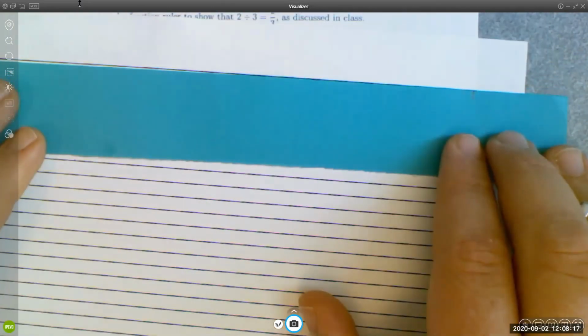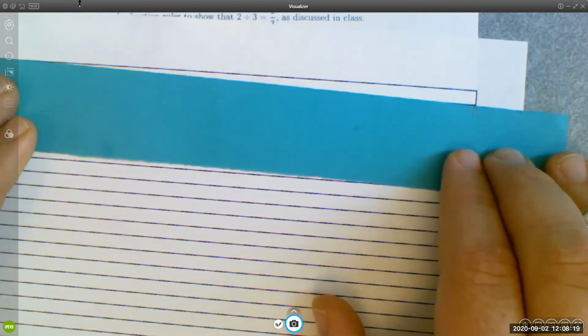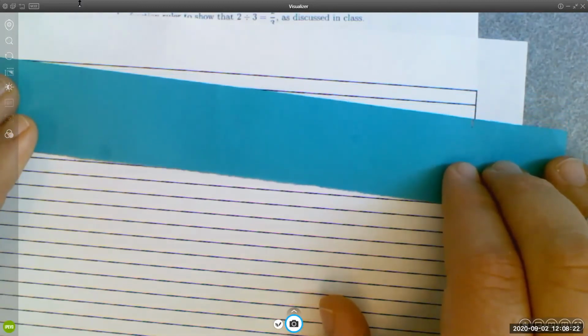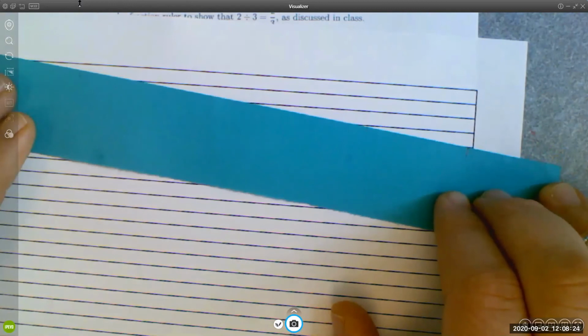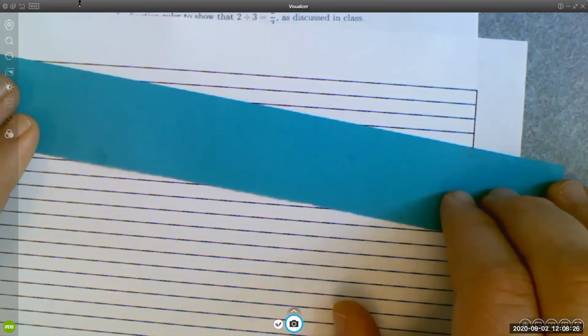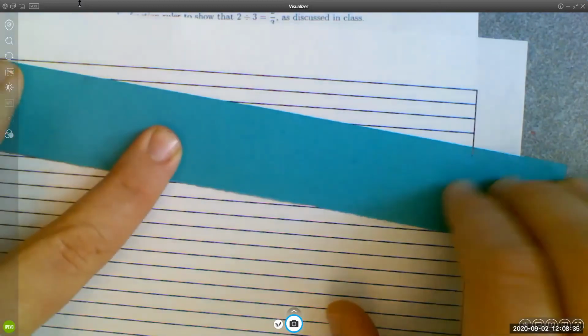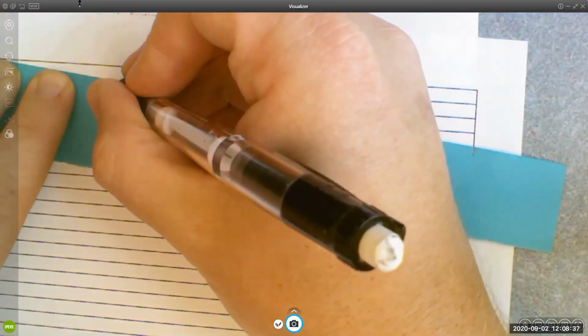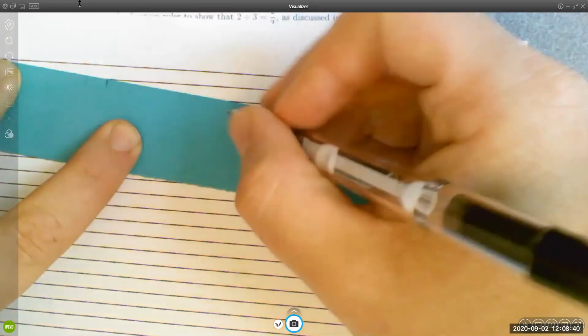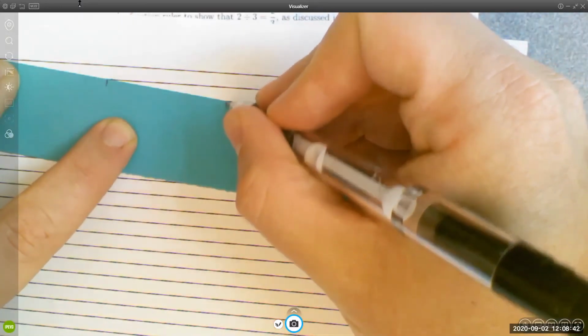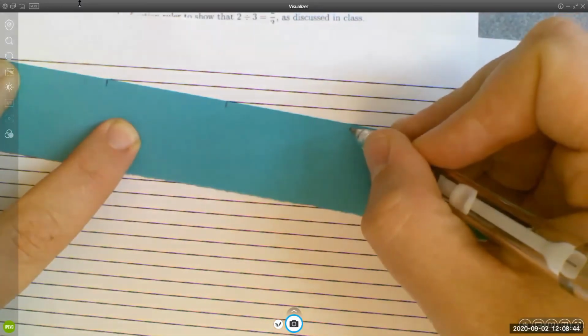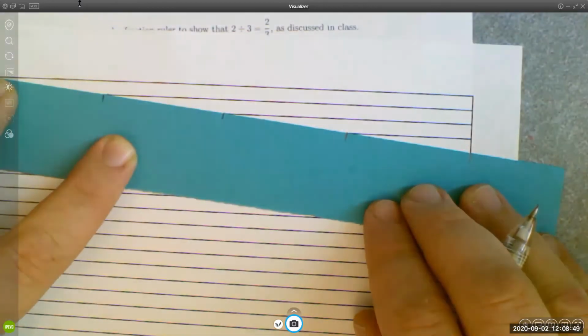So here we go. 1, 2, 3, 4. Okay, something like that. It barely fits, but that should do it.